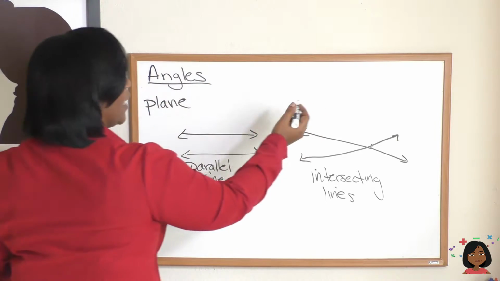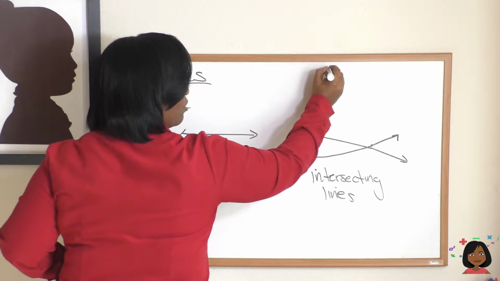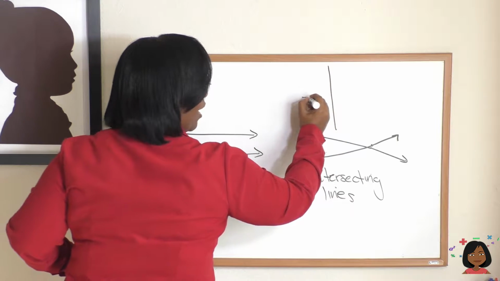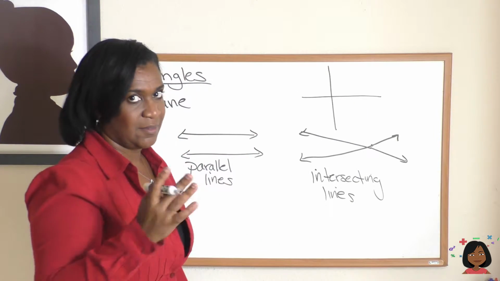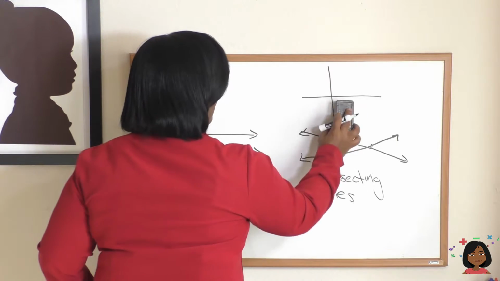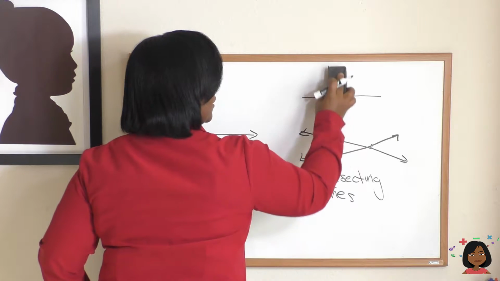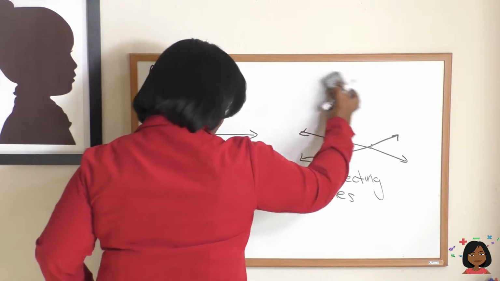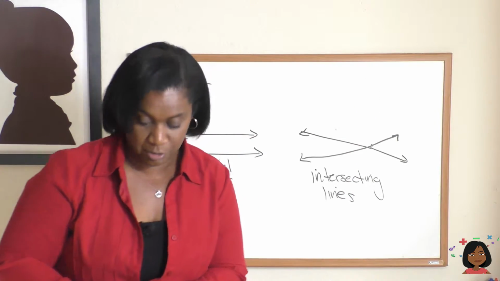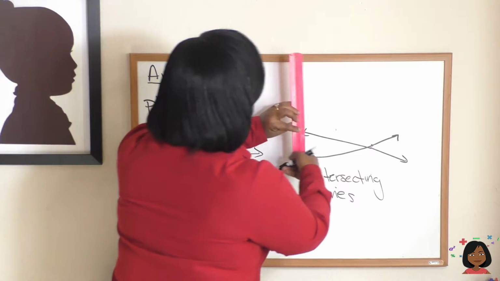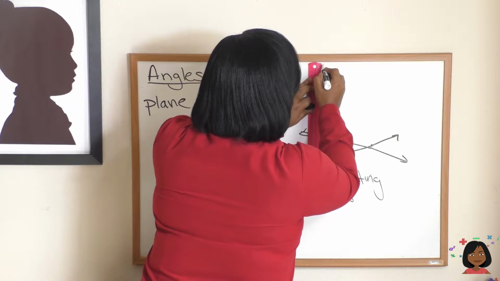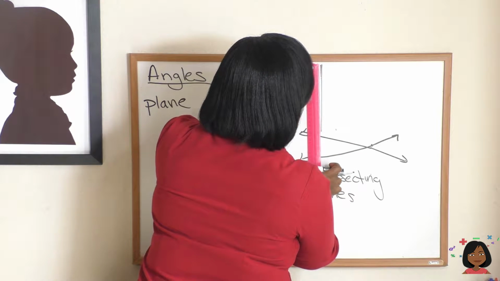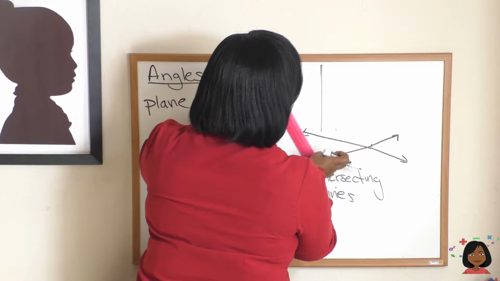If I had lines that crossed, when they cross, they created, let's see, it's not so straight. Let's try it again. You know me and the straight lines. Hey, you know what? I'm going to use an actual ruler. Hey, what a concept. Okay, let's say, there we go.